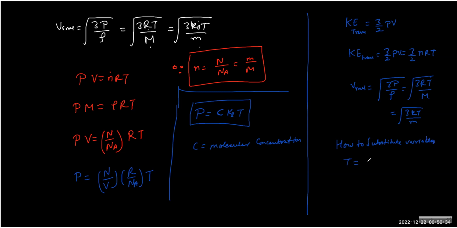T must be in Kelvin, not in degrees Celsius. R is 8.314 joule per mole per Kelvin.